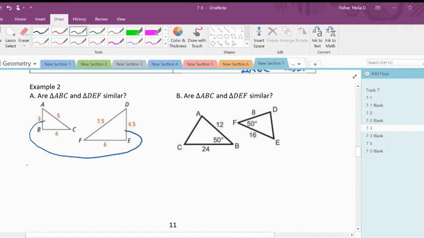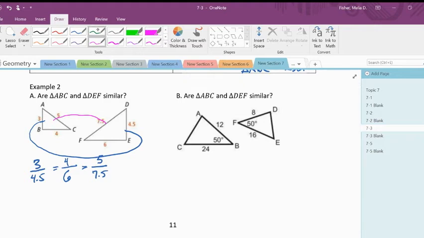So we need to check, is 3 over 4.5 equal to 4 over 6 and 5 over 7.5? We're looking at which pieces go together. The longest sides go together, the middle sides go together, so we're lining those up to see.